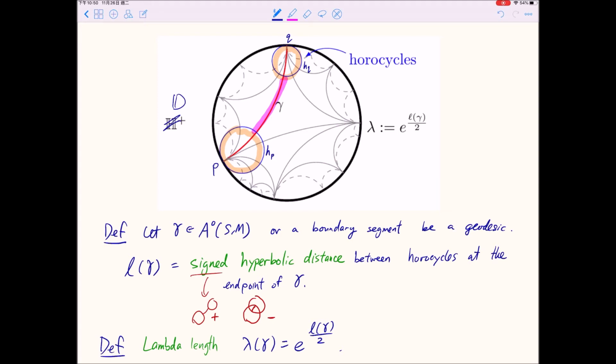So this data will be enough to determine uniquely your hyperbolic metric. To define the hyperbolic metric, all you need is to supply the information of the lengths of the triangulation, which depends on the choice of horocycles. So the theorem is the following.